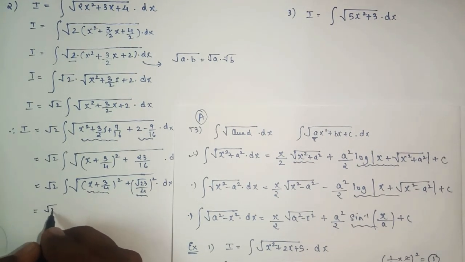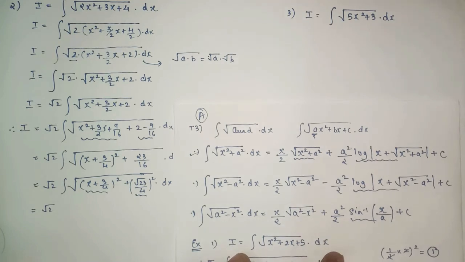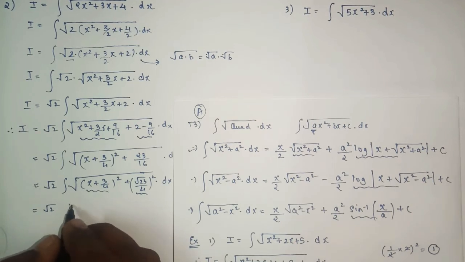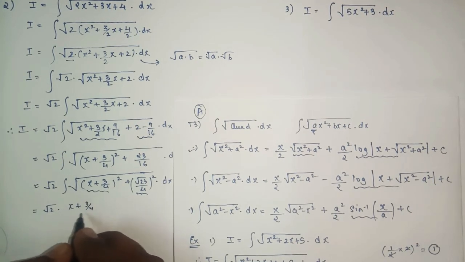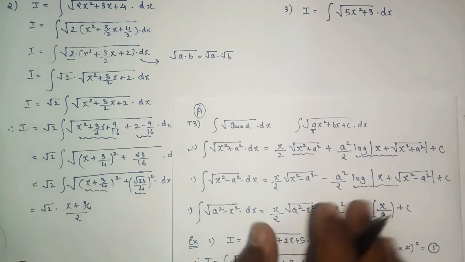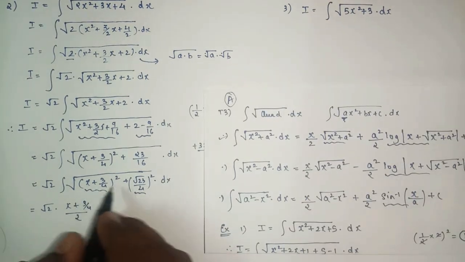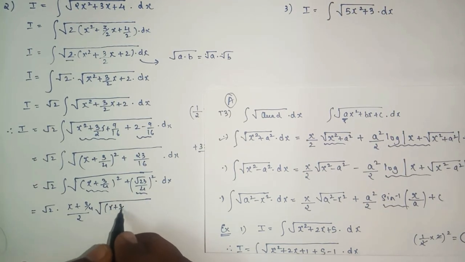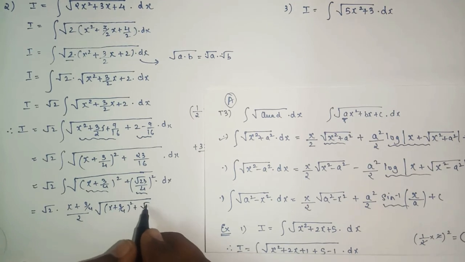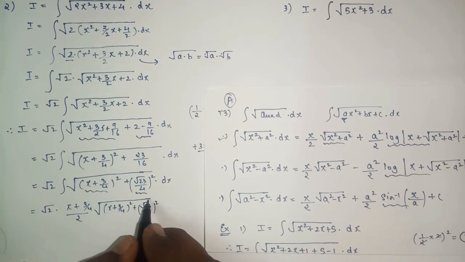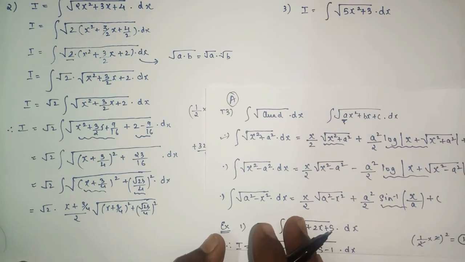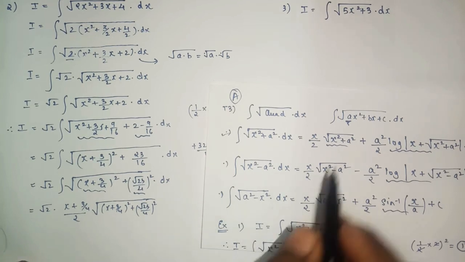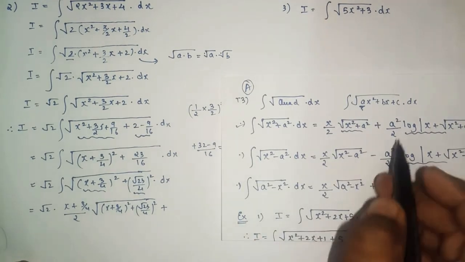We'll keep this root 2 as it is. Okay, so x by 2, x is what here? X plus 3 upon 4, x by 2, yes or no? Then the same question will come, so this same part will come, yes or no? This will be x plus 3 by 4 the whole square plus root 23 upon 4 the whole square. Okay, then after that you will write plus a square upon 2.